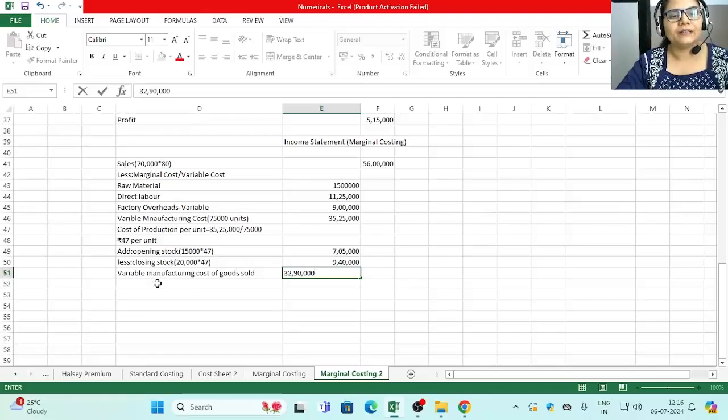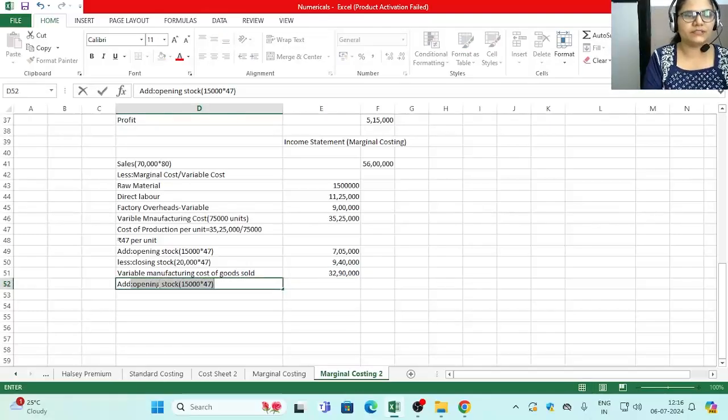We will add selling overheads variable, which is 3,75,000.